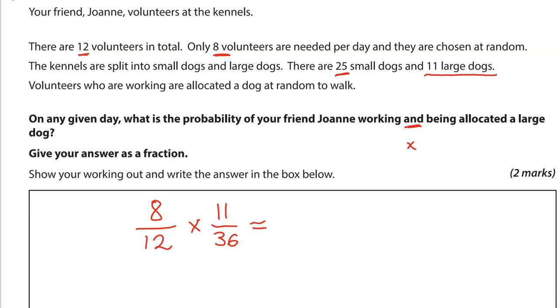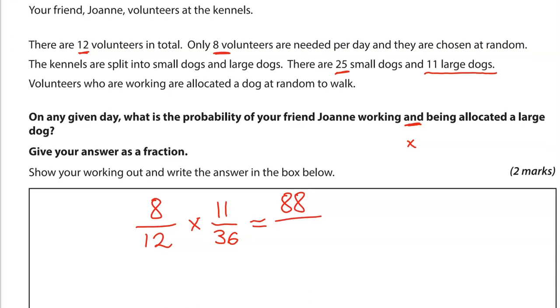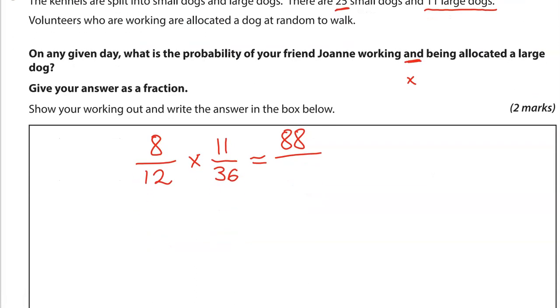So 8 times 11, or 11 times 8, which is 88. You could do it as 11 times 8, like this, if you like. So 8 times 1 is 8, 8 times 1 is 8. And that gives us 88.